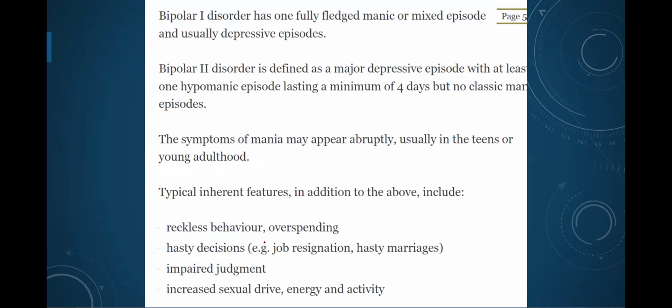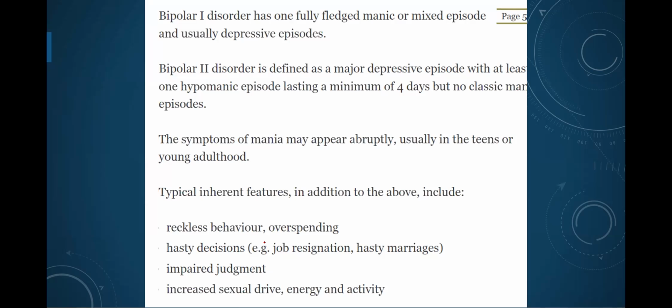Now, how can we say which one is bipolar 1 and which one is bipolar 2? Bipolar 1 disorder has one fully fledged manic episode plus usually depressive episodes. So to diagnose bipolar 1, the patient should have at least one manic episode.